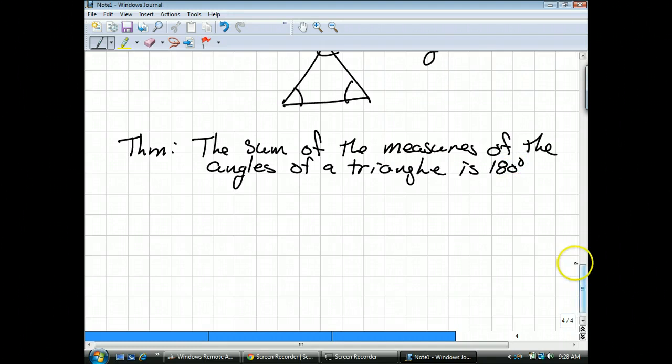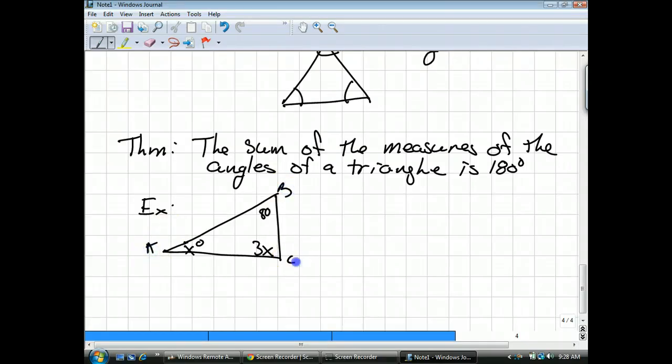Okay, so using this theorem, if I have this triangle and I know this angle is 80 degrees, this one is x degrees, and this is 3x, then I can find the measure of each angle because I know that the sum of the angles, so measure of angle A plus measure of angle B plus measure of angle C has to equal 180.